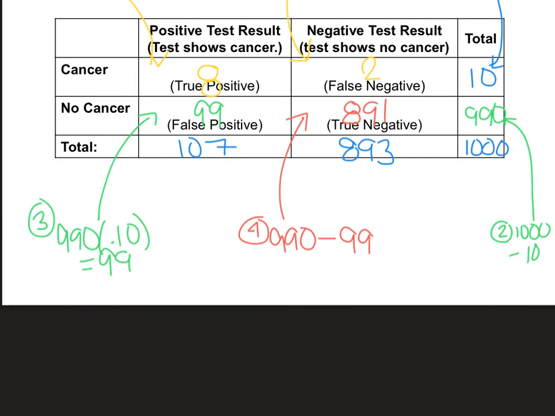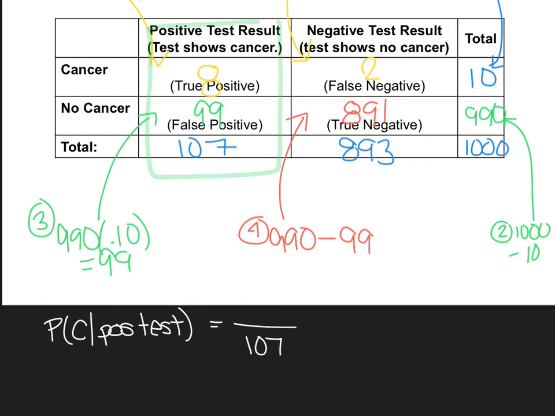If I'm looking for the probability of cancer given a positive test result, then I can say, okay, they were given a positive test result, and that's going to give me that 107. Remember, we are going to use that intuitive approach. So positive test result is going to give me that total of 107. So that's my denominator.